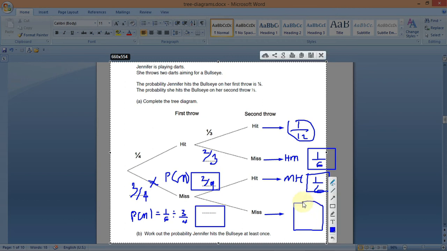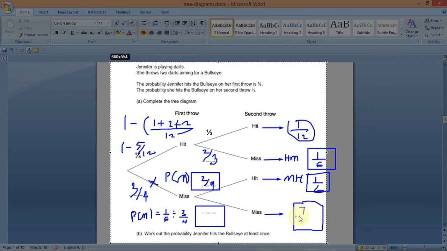So let me just do 1 minus the probability there. Let me just confirm that so that the sum here should be 1.